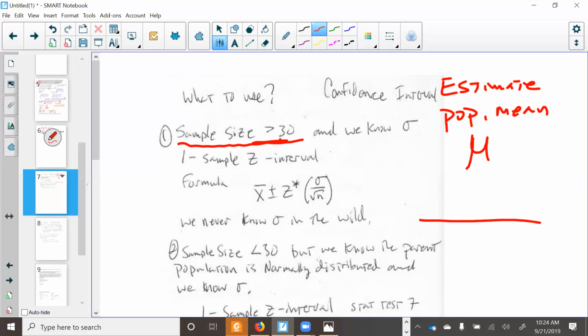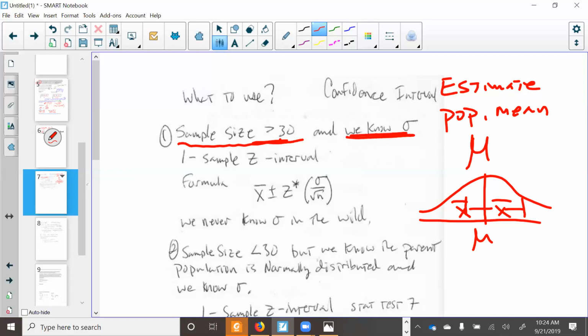So even though we don't know what mu is, all our X bars will fall around it in a normal distribution. It'll center, and most of them will be close to the true average, and we can use that to estimate it. Because then, when we find the margin of error, it will capture the mean. If you have a sample size less than 30, well, we'll talk about that in a second.